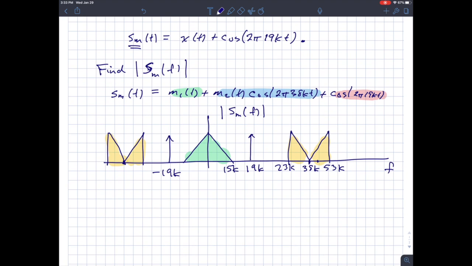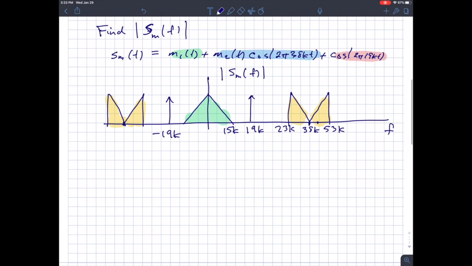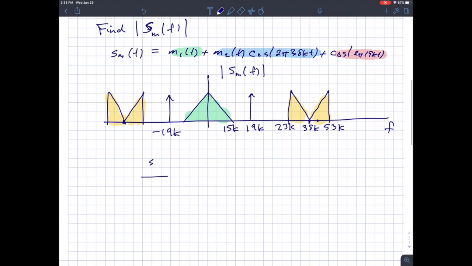The brilliance of this is that by doing it this way, we are actually transmitting an oscillator that can be recovered from SM of F. For example, if I put SM of T in here, and then I made a narrow band pass filter centered at 19K hertz.